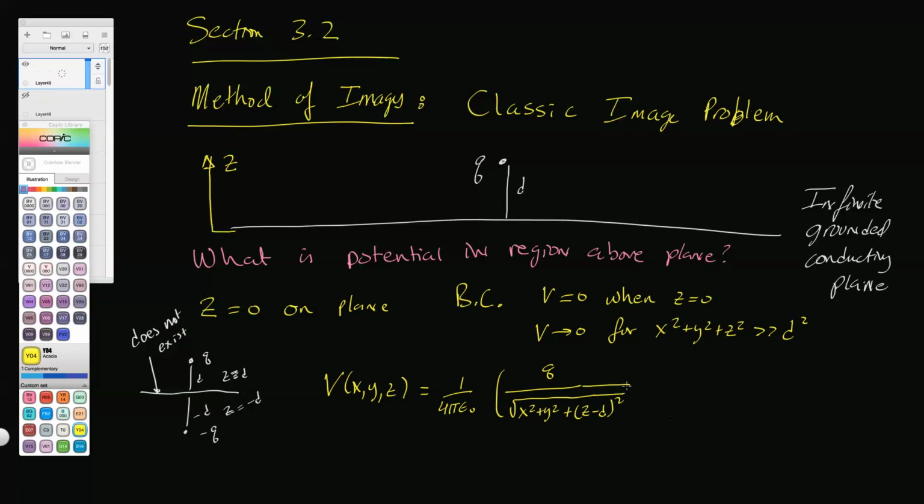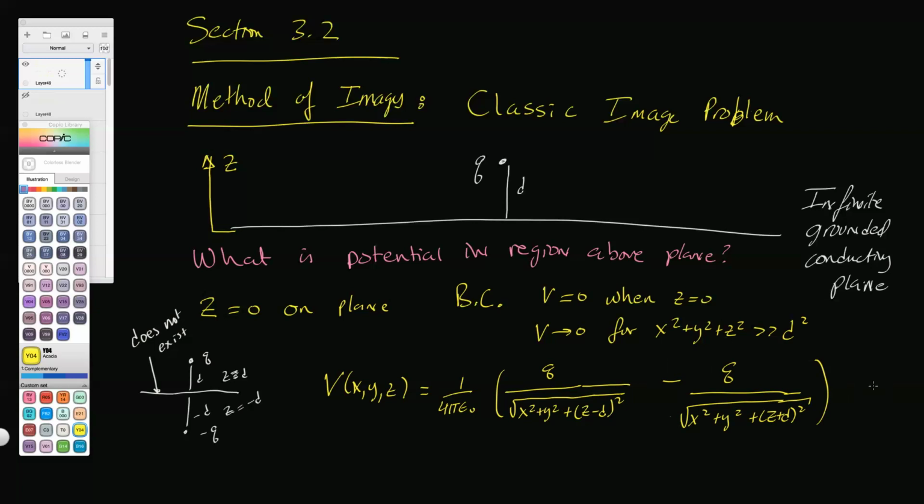And then for the negative charge, it's q over the square root of x squared plus y squared plus z plus d squared. I'm just using the distance formula back from high school. That's why it's minus d for the positive charge and plus d for the negative.